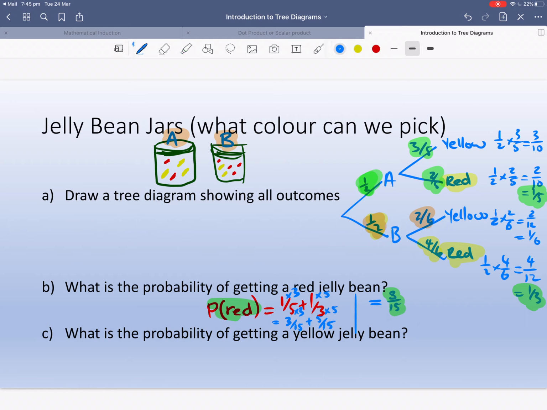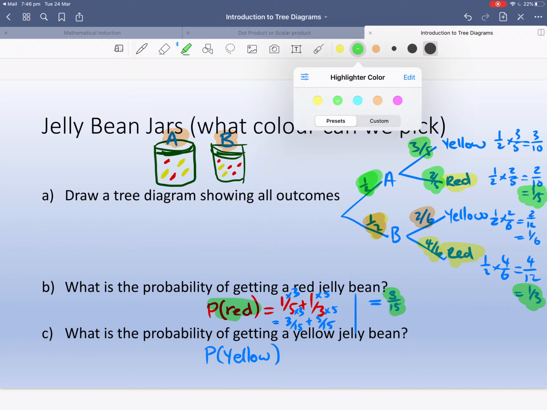What's the probability of getting a yellow jelly bean? Well, we're looking at this and this, so we're going to add that probability to that probability.